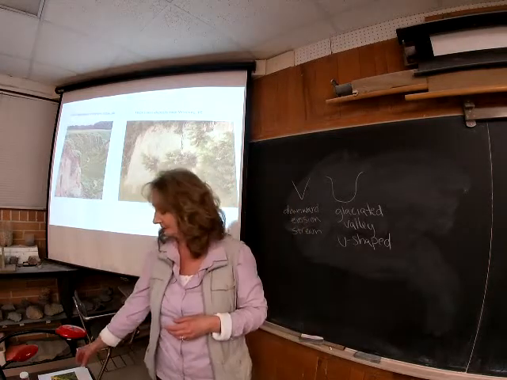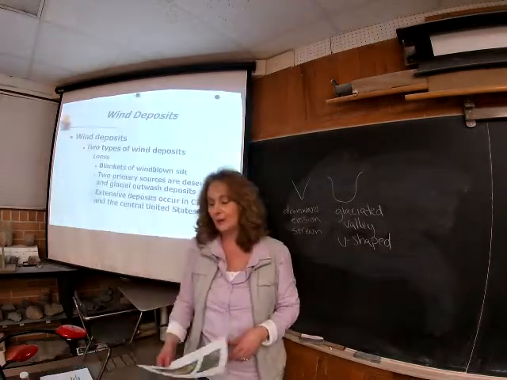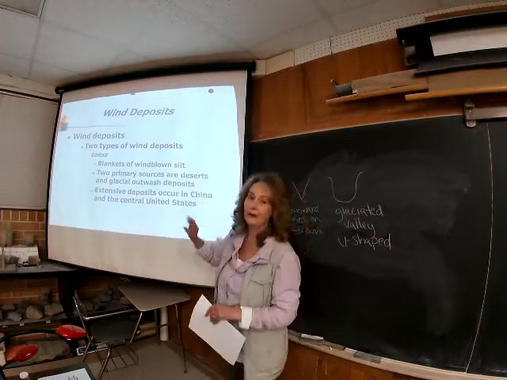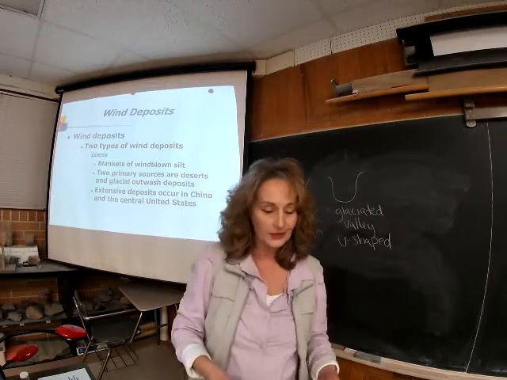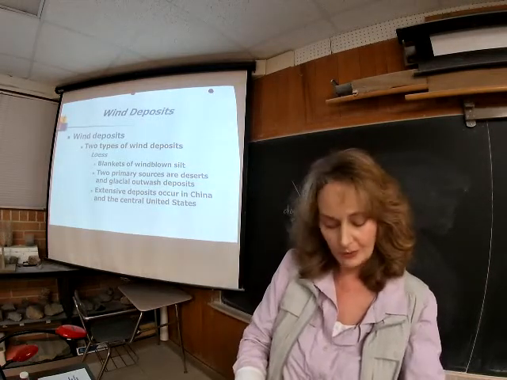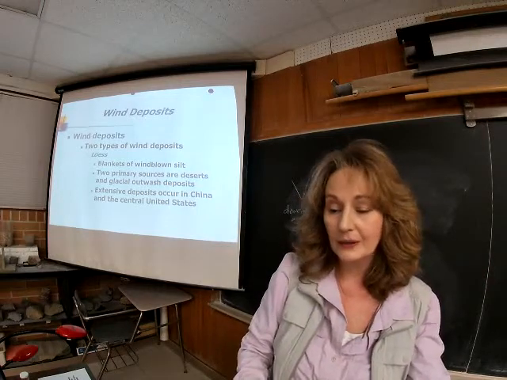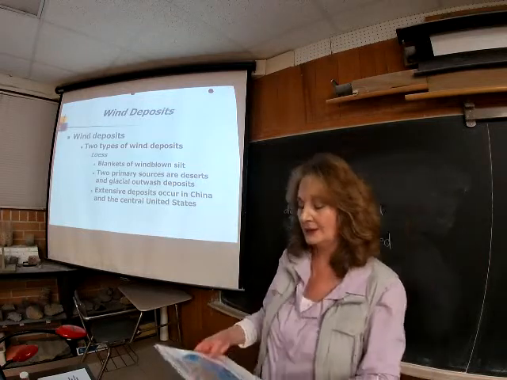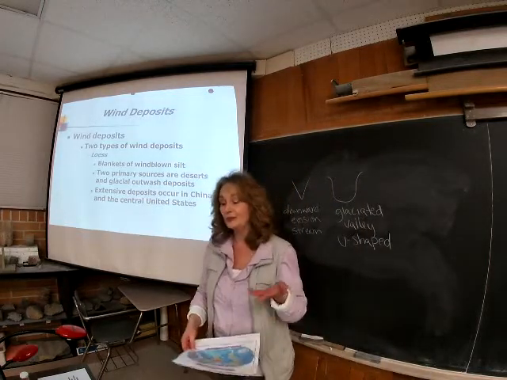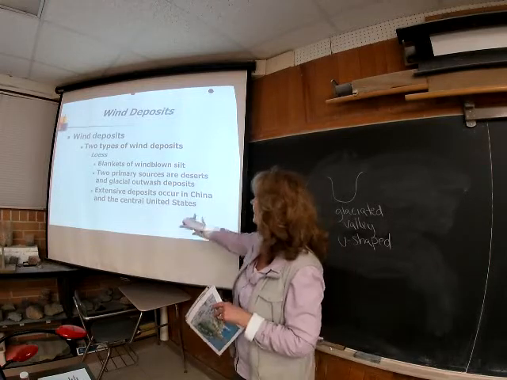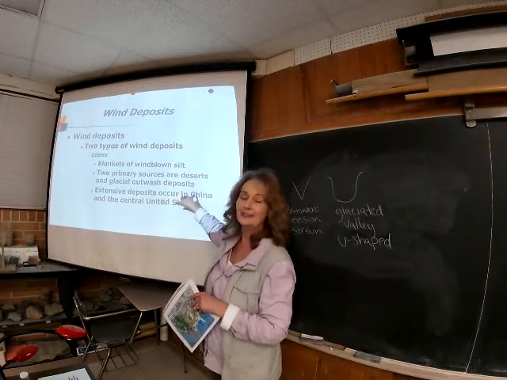And then got windblown. The other sources they talk about here are from deserts, of course. And so we would see large deposits of this. Oh, where's my deserts of the world? Yeah, here it is. China. So China has extensive loess deposits because of the Gobi Desert there, right?